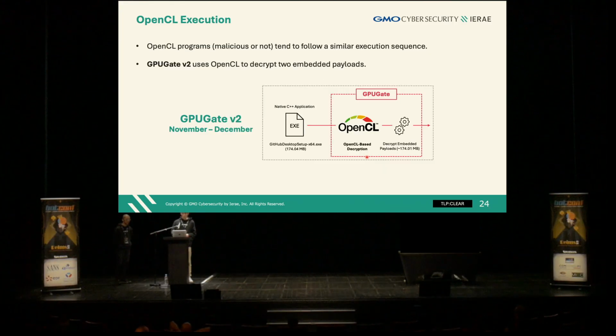OpenCL programs, whether malicious or not, tend to follow a very similar execution sequence. In GPUGate version 2's case, it uses OpenCL to decrypt 2 embedded payloads. So I'm going to use version 2 as an example to explain this typical execution sequence of an OpenCL program, and then how it can be abused for GPU memory operations.